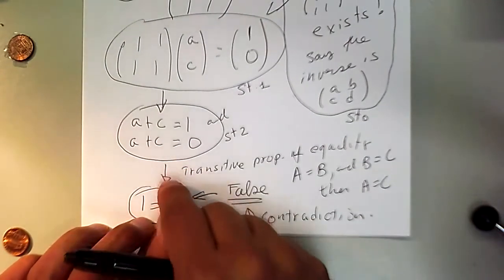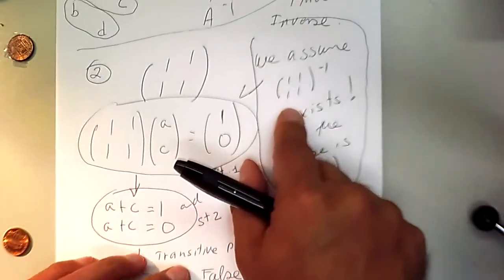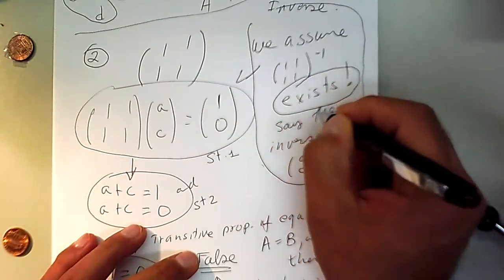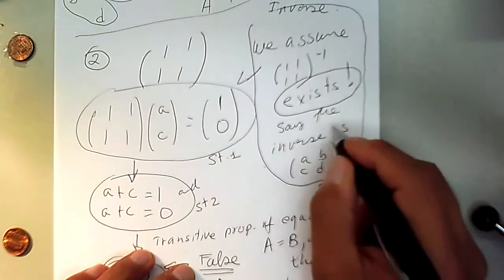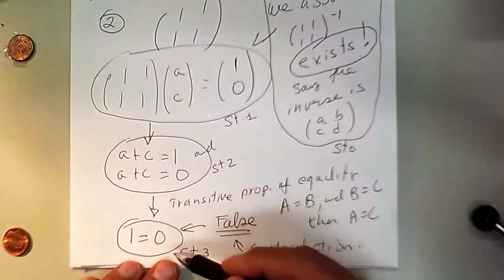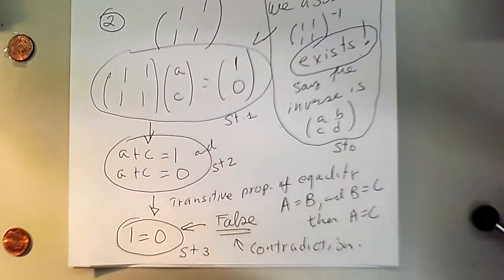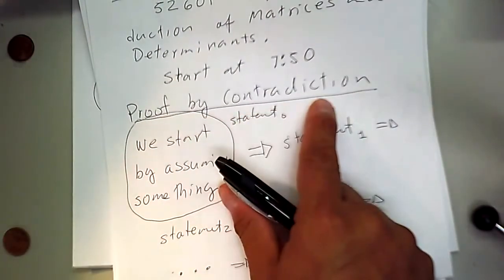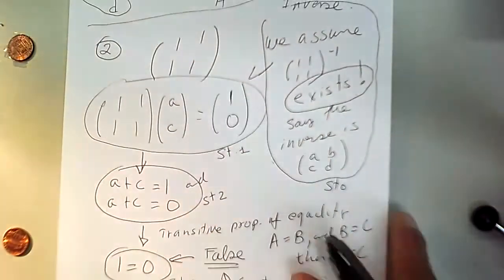That means that through this chain, our assumption is false. And what was our assumption? That an inverse exists. Consequently, by this chain of statements and by proof by contradiction, we can state that the inverse of this guy does not exist.